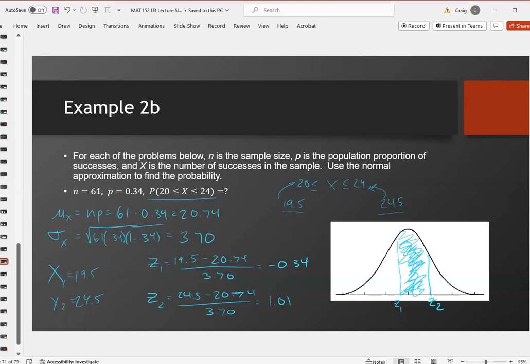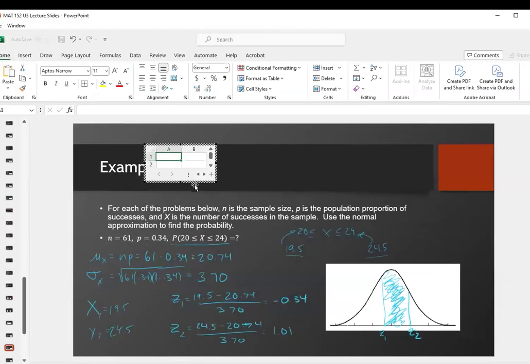We can calculate this by inserting. I'm just going to show you with Excel. In my opinion, it's just a bit easier to use in some cases.